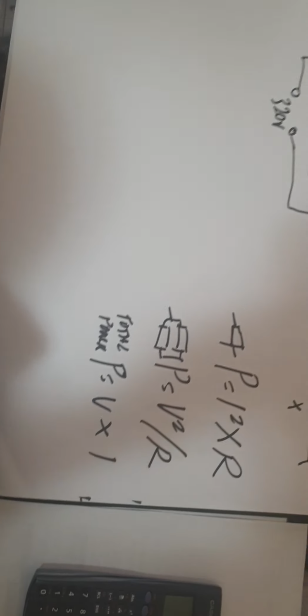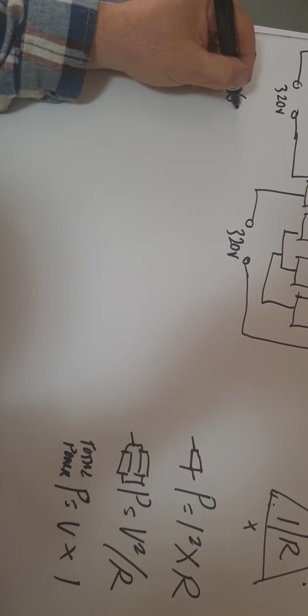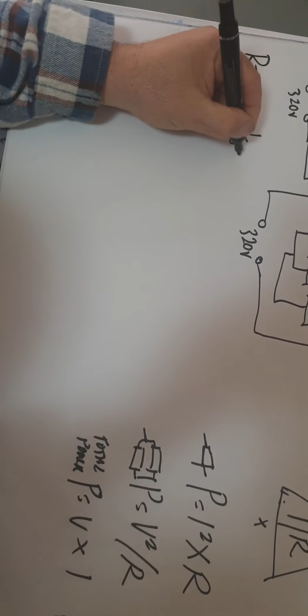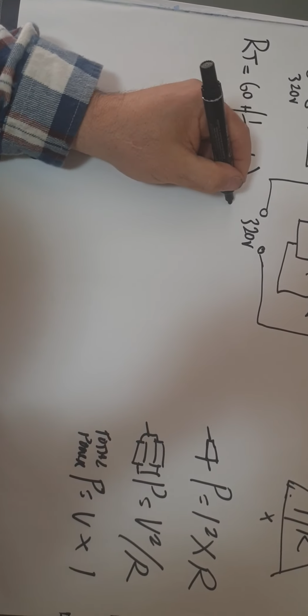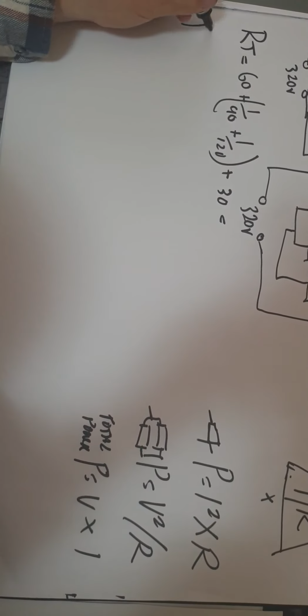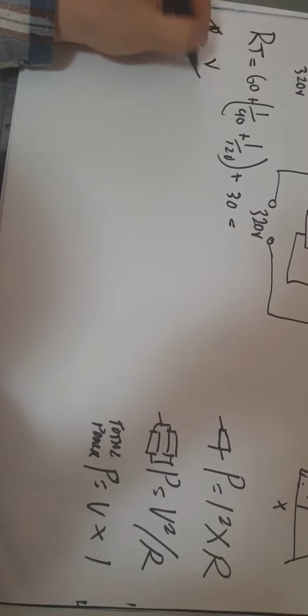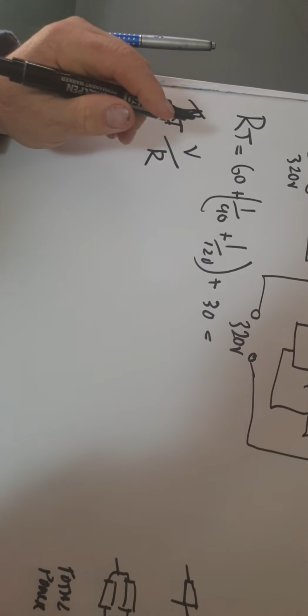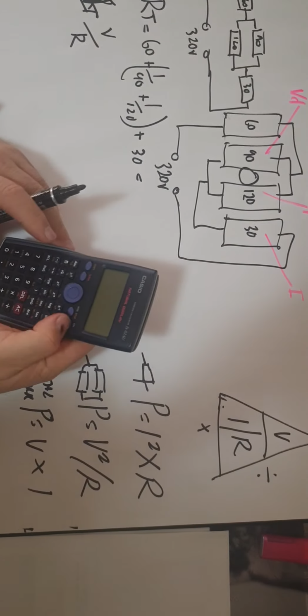Okay, so first thing, like I said, we always go for the resistance total. So I'm going to go for 60 plus 1 over 90 plus 1 over 120 plus my 30. The next one will be current total, V over R. But first thing we need to do is get the common value between these two here.